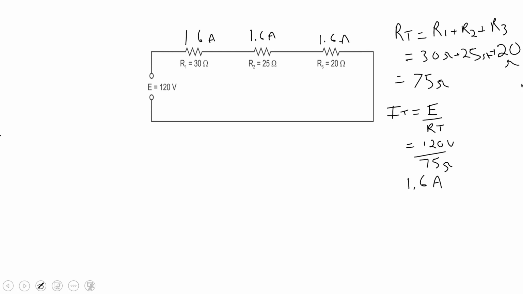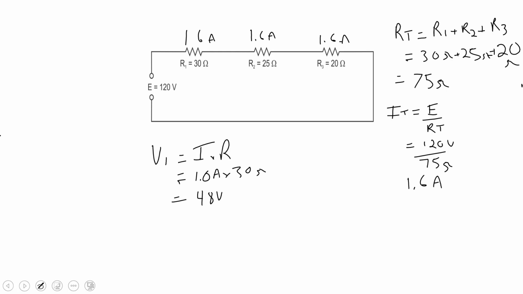We can go ahead and calculate the voltage drops. Voltage 1 would be equal to I times R. So that would be equal to 1.6 amps times 30 ohms, which comes to 48 volts.